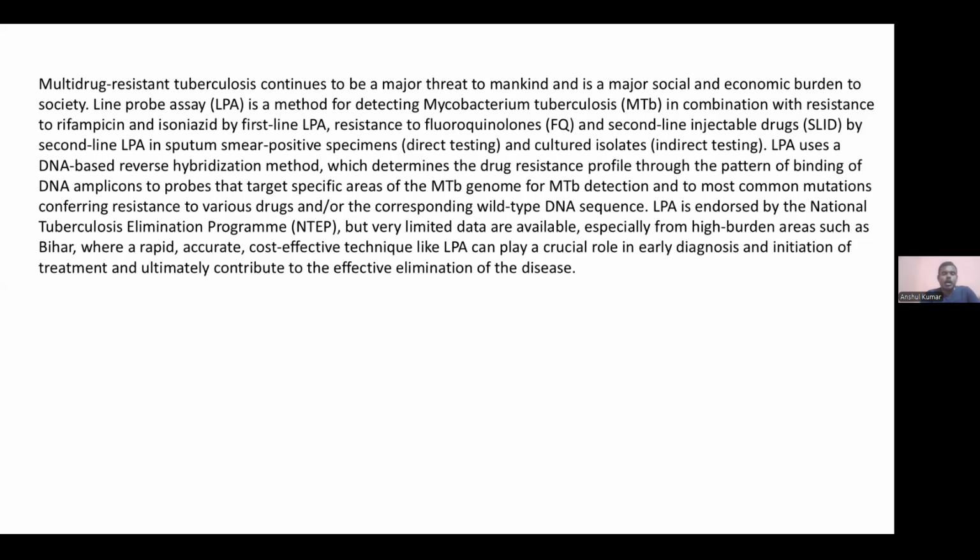With this, I conclude today's lecture, and I hope the lecture has been helpful to you to get an insight into the genomic structure of Mycobacterium tuberculosis as well as MDR-TB.